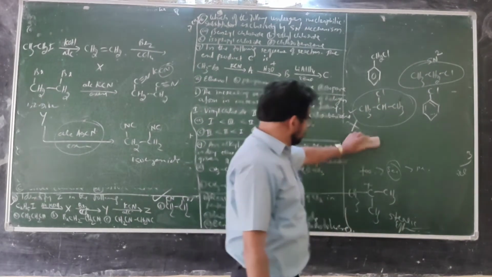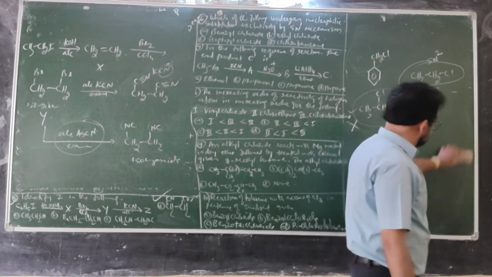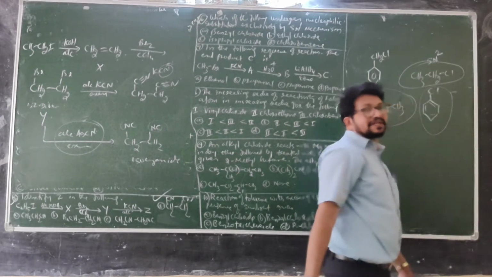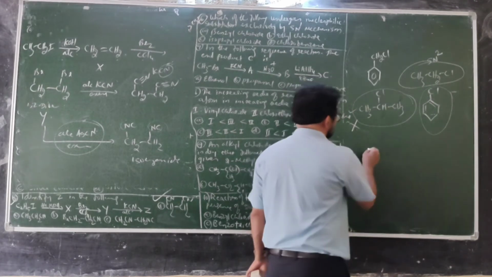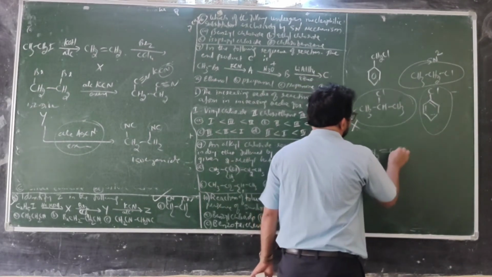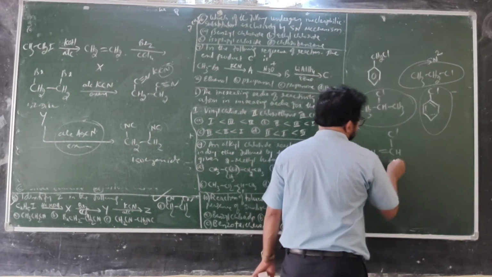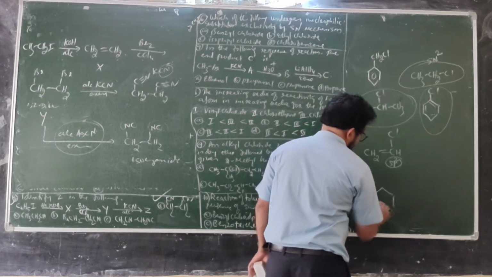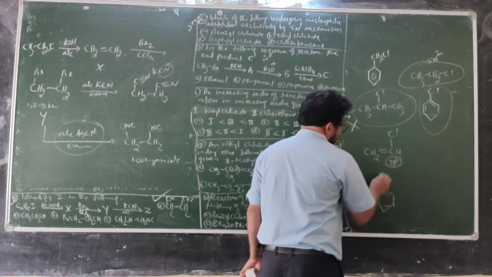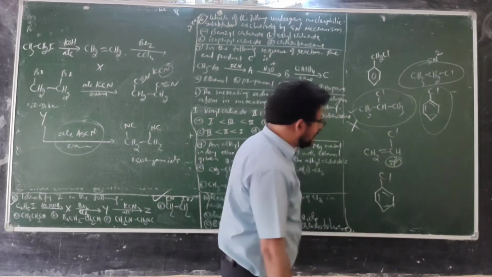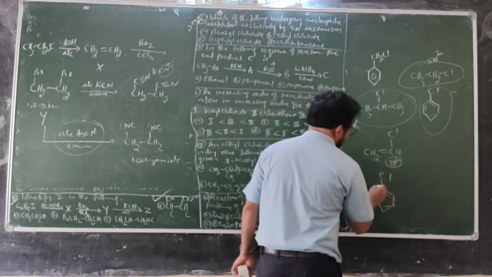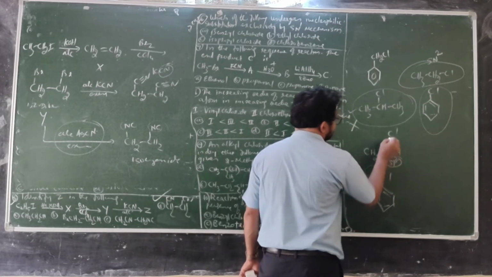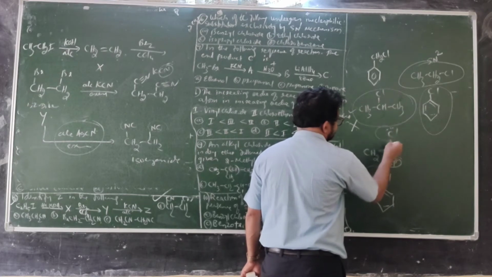Then which is exclusively SN1? See, when chlorine is directly linked to the aromatic ring, two cases I will take. Vinyl halide and aryl halide, sp2 hybridized carbon. Partial double bond character is generated. Correct?